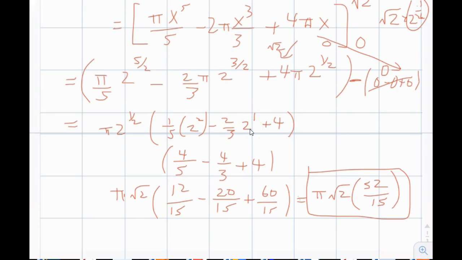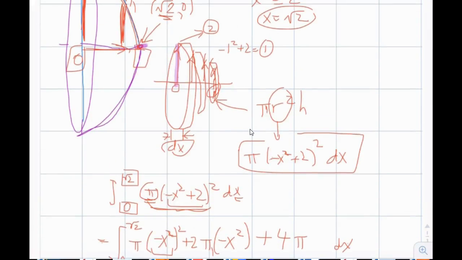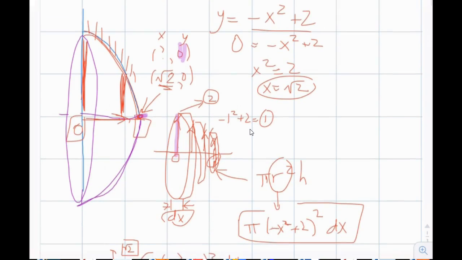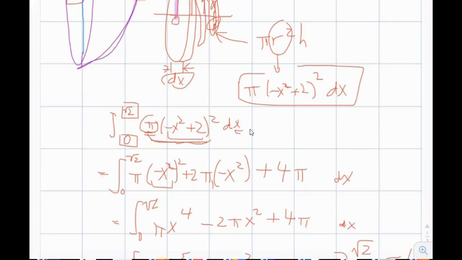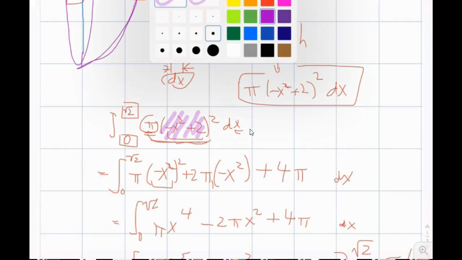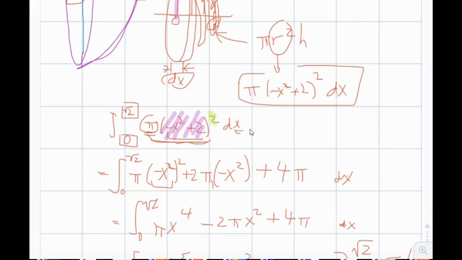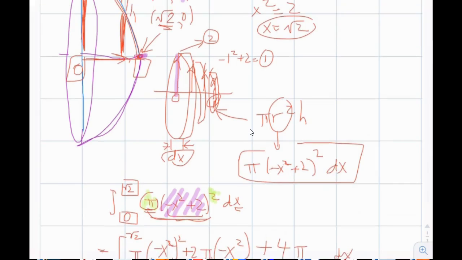So you can see that this problem is very similar to the area problem. The only difference is that instead of just putting the function in the middle of the integral, we squared the function, and we also put the pi there, because instead of making little rectangles and adding up the rectangles, we are taking that rectangle and spinning it around to make a little disk out of it.